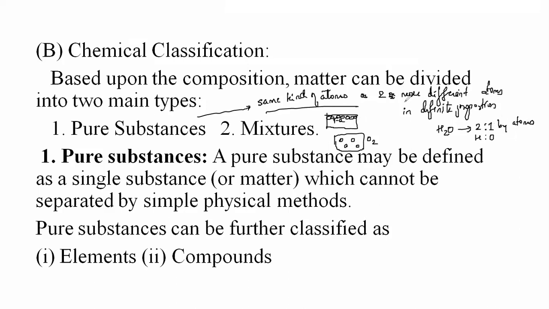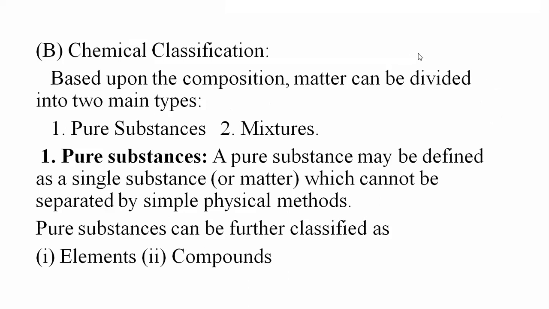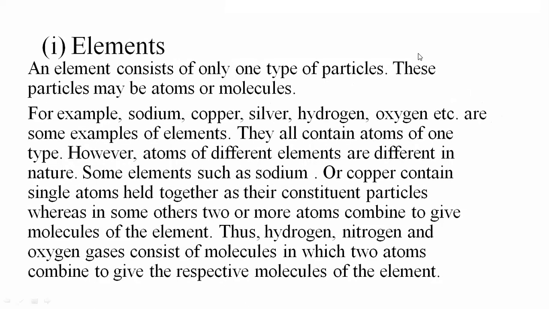So based on these two definitions, pure substances are classified as elements and compounds. If the pure substances are made up of only one kind of atoms, then I call them elements. An element consists of only one type of particles. The particles may be atoms or molecules. Only one type.